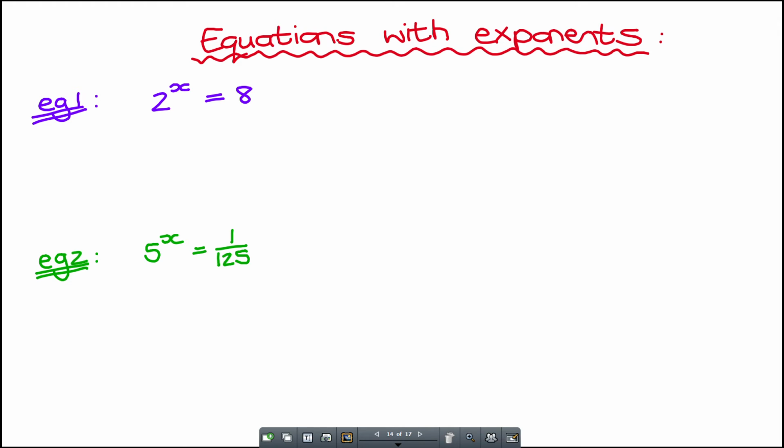Okay. Right. Any other questions, people? Can we carry on? So now we've got to do equations with exponents. Please keep in mind all those rules that we did about exponents way back. If I give you 2 to the power of x is equal to 8, I need to solve x.